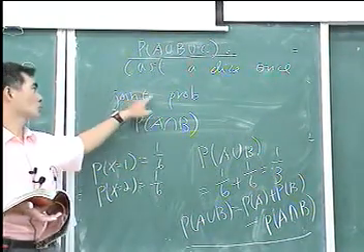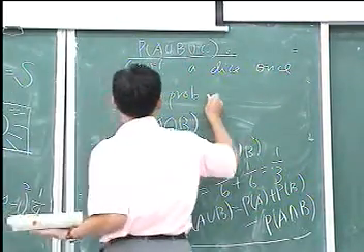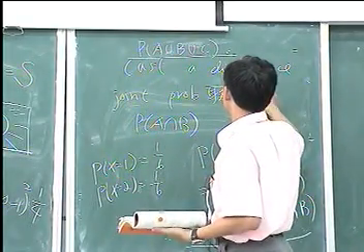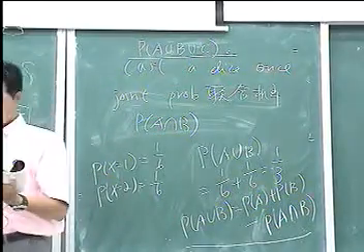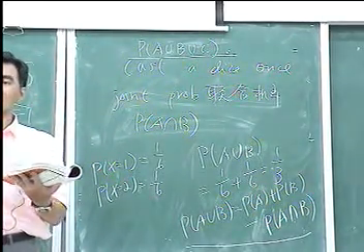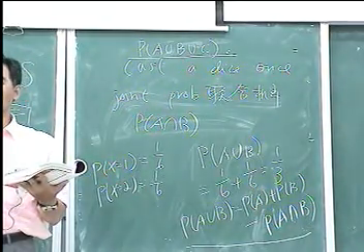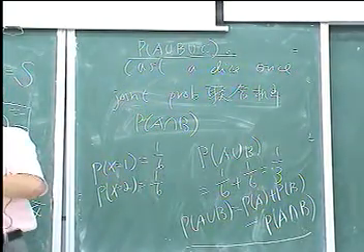This is called joint probability. If you look at page 161, formula 5-4, at the bottom, there is the formula.